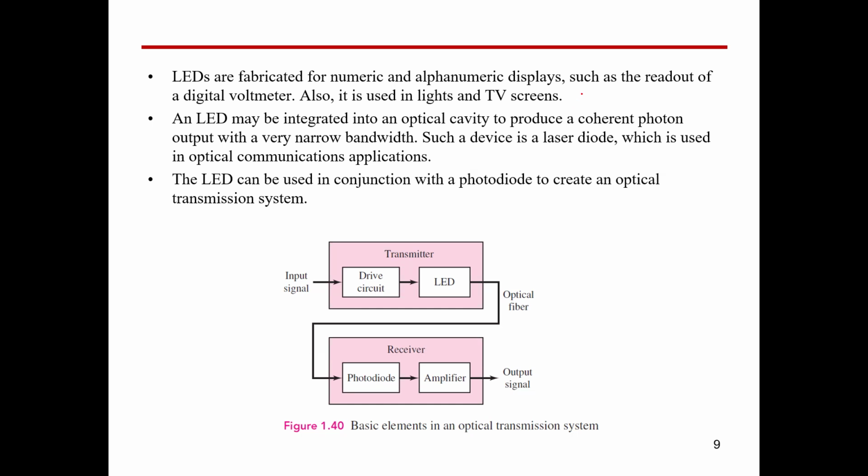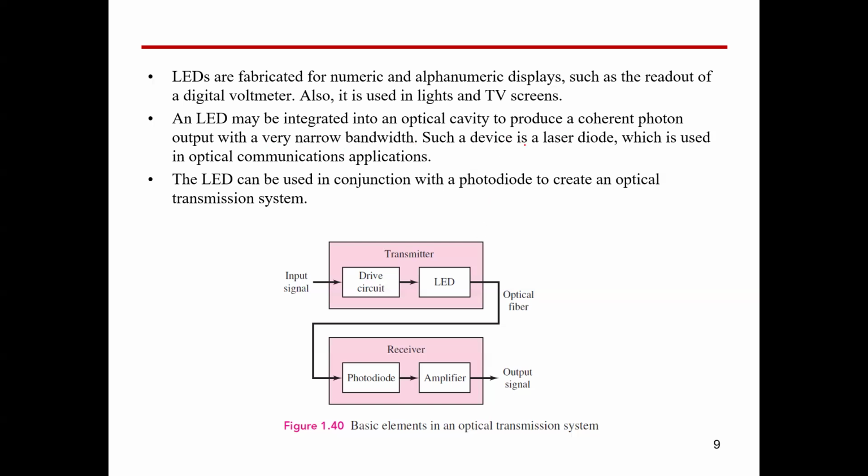it's made of LED. Also, an LED may be integrated into an optical cavity to produce coherent photon output with a very narrow bandwidth. This is very important, guys. So LED light has a very narrow bandwidth, which means it can be concentrated and move for a longer length compared to conventional light sources.